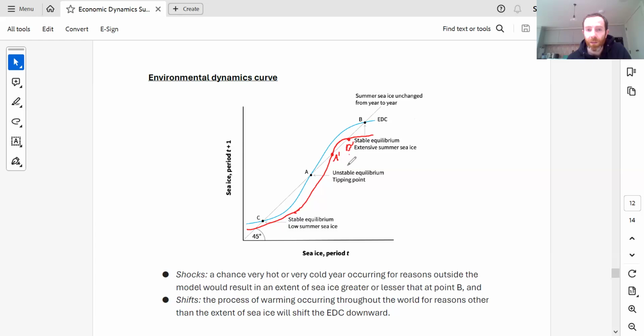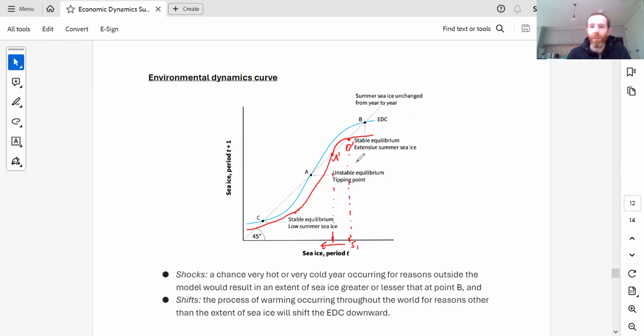And you can see in this case, compare the levels of sea ice at our unstable and our stable equilibria, much, much closer together. So if we're at S1 here, now a much smaller shock will get us past this tipping point and we'll fall to a low sea ice stable equilibrium with an even lower level than we had before.